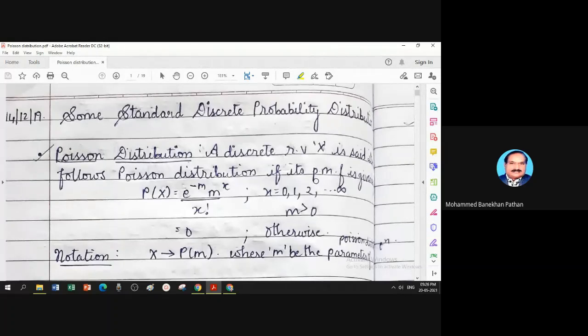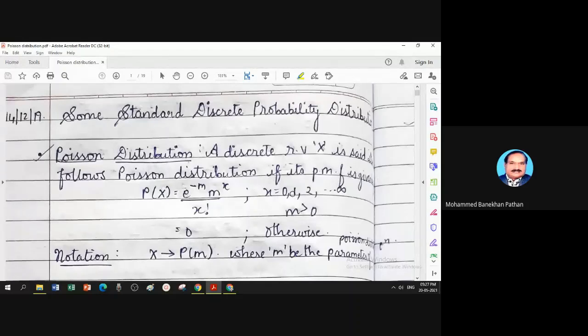So if your sample space is finite, the random variable defined on that sample space takes finite values. And with the help of random variable taking finite values, we have studied 4 standard distributions.